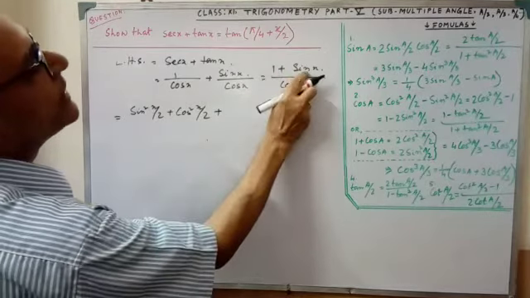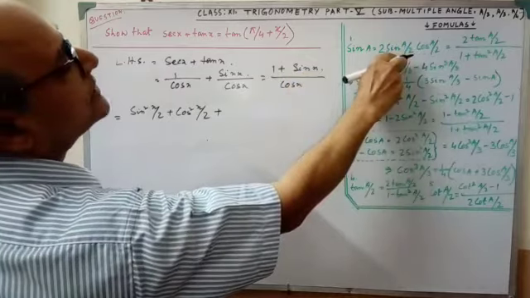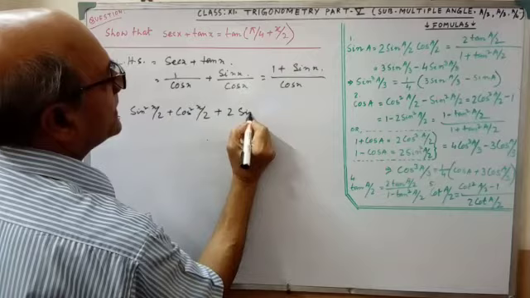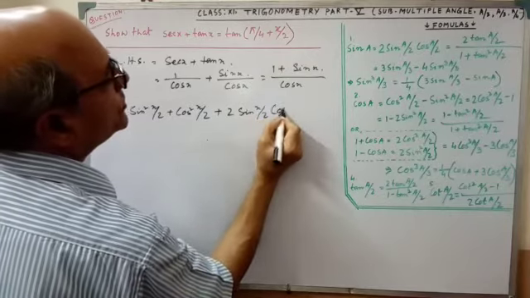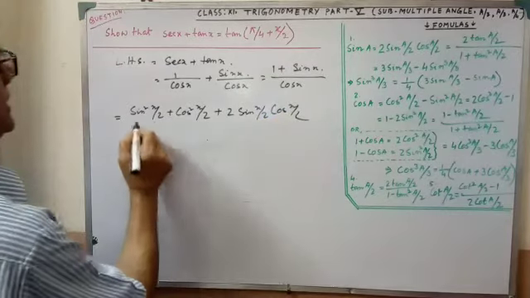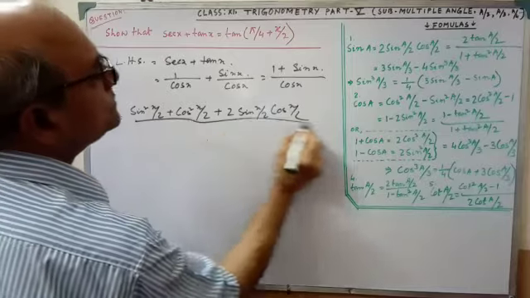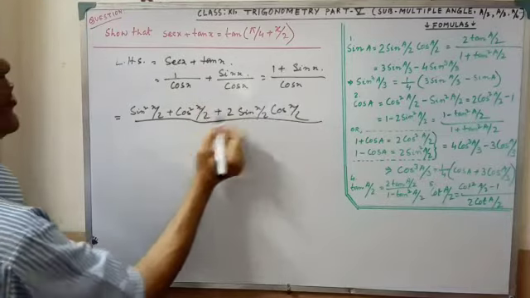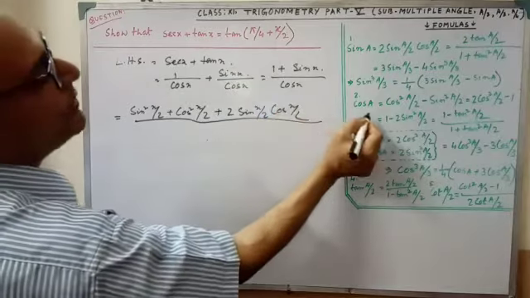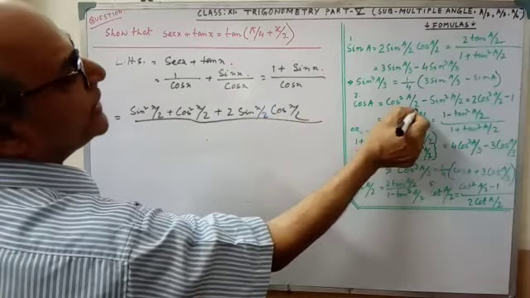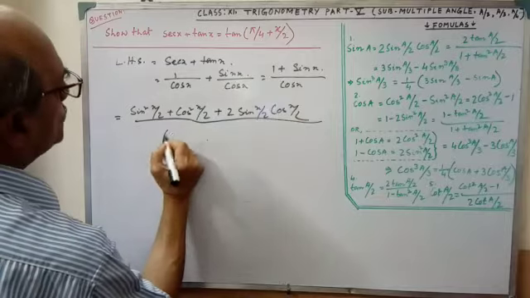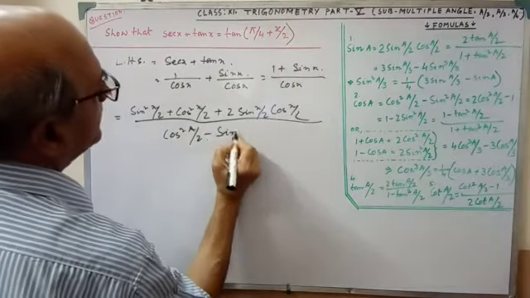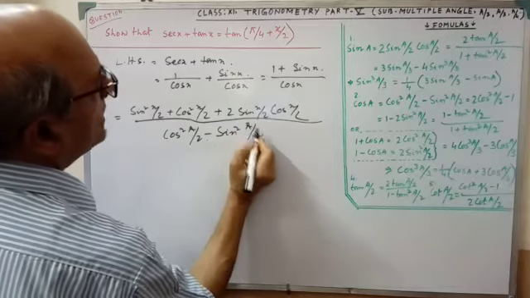And sin x we may replace by this formula, 2 sin x by 2 cos x by 2, divided by cos x. Cos x we may write as cos square x by 2 minus sin square x by 2.